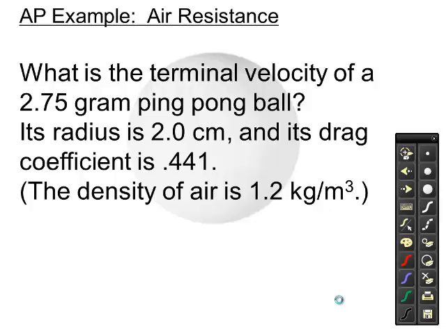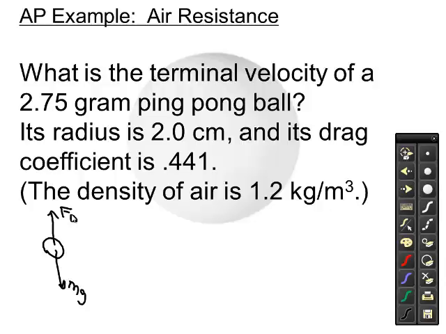So a ping pong ball reaches terminal velocity when its downward weight force equals the upward drag force. You know that already because we did it with the silly coffee filter lab. And so we want to know what that velocity is.